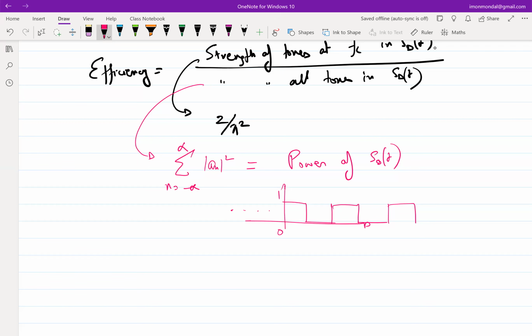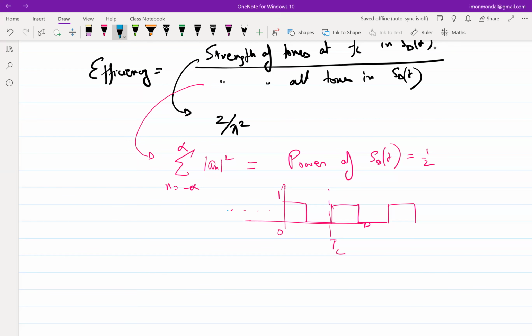Total power, half, right? So all I have to do is integrate this, divided by TC, over one cycle, correct? Which is equal to half. So essentially the average value of SD of t is the power, correct?